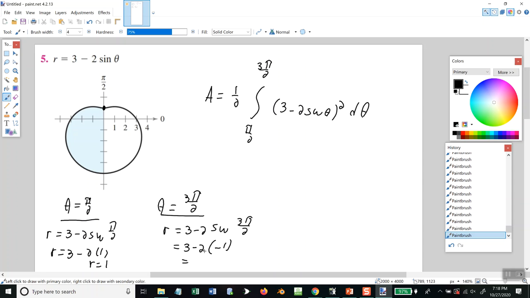Negative 2 times negative 1 is a positive 2 plus 3 is 5. Does that seem like it's a directed distance of 5? It does, doesn't it? Because coming down here, that's obvious. And then from my origin, coming 5 units would take me right here. So that does check. So that is our setup on that.